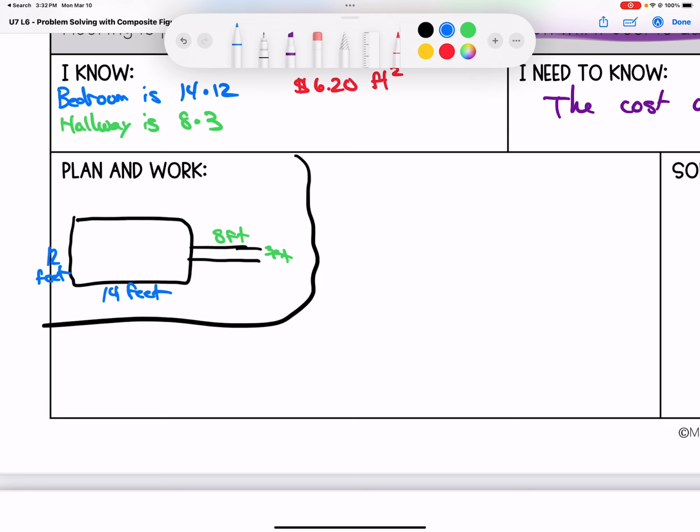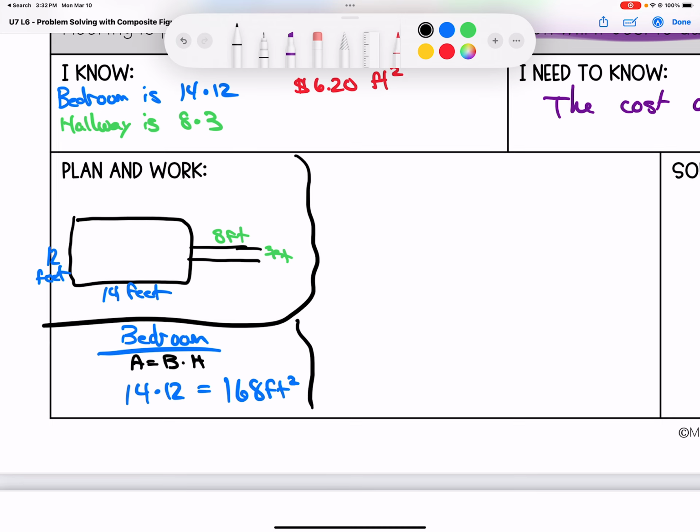So I'm going to work the bedroom down here. Area equals base times height. Why is it base times height? Because it is a rectangle. So it's 14 times 12, which is 168 feet squared.